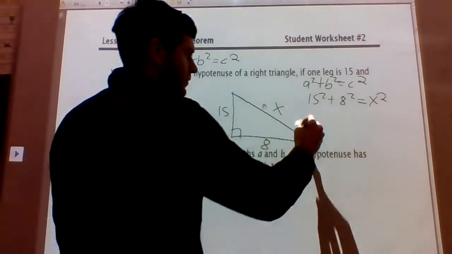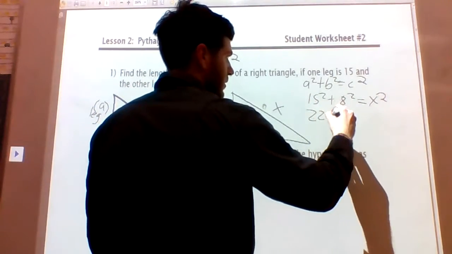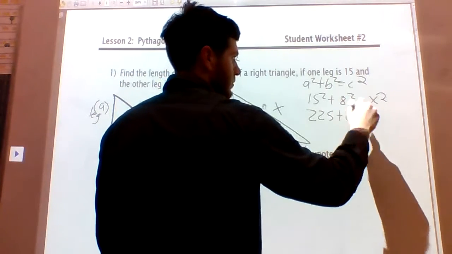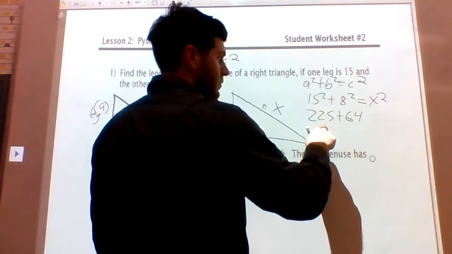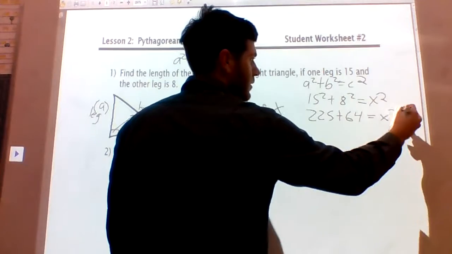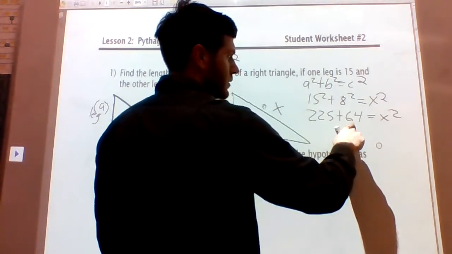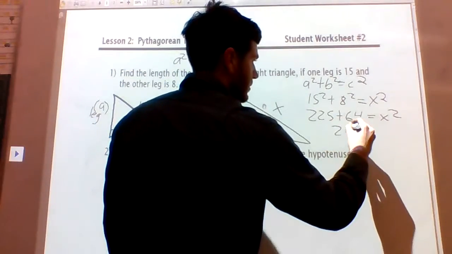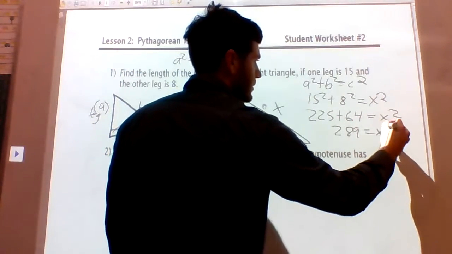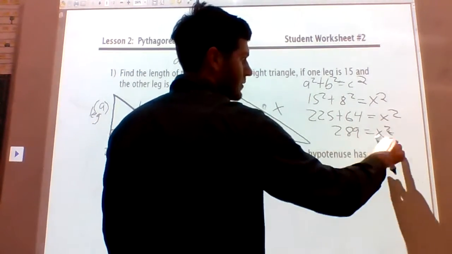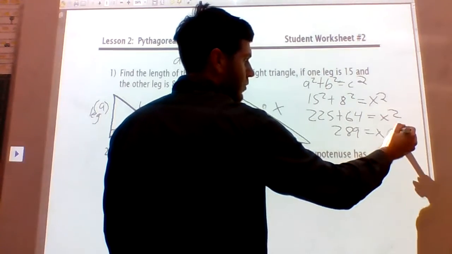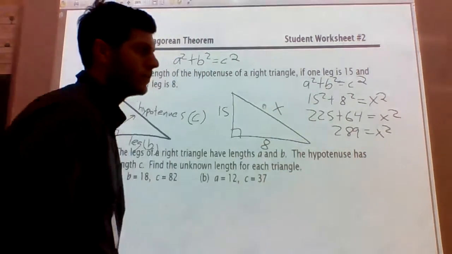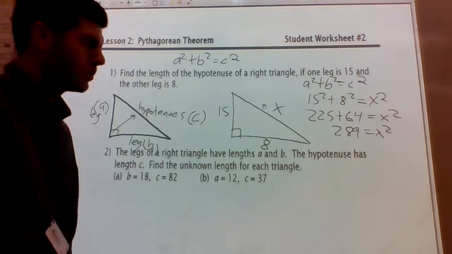15 squared is 225. 8 squared is 64. 8 times 8 is 64. 15 times 15 is 225. 225 plus 64 is 289. Then we have 289 is x squared. To get rid of the square, we need to do the inverse operation, which is a square root.